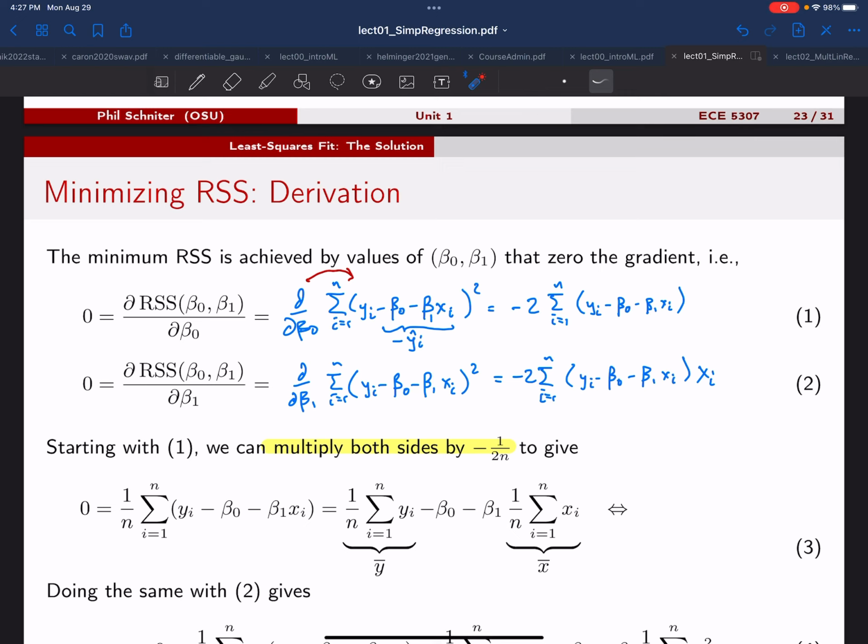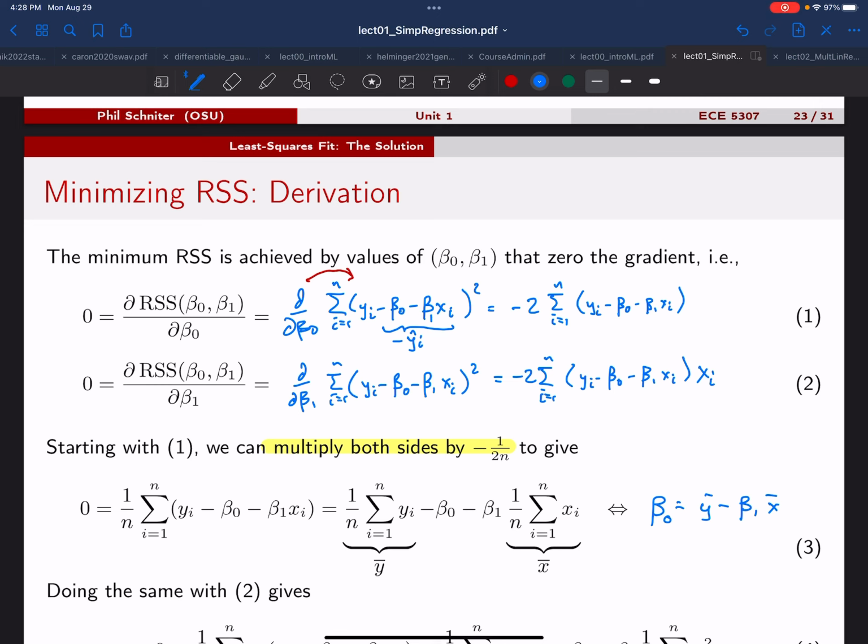We can now just kind of see the solution. We have 0 equals y bar minus beta 0 minus beta 1 x bar. So if I want to find what beta 0 is, I can write that in terms of the other quantities as beta 0 equals y bar minus beta 1 times x bar.